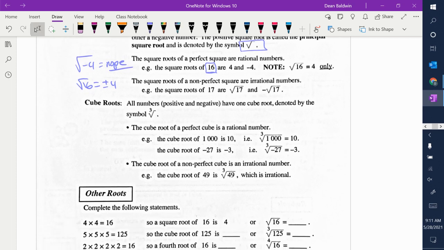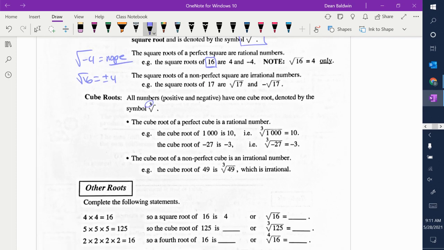Okay. Cube roots. That's when you've got this little 3 hanging out here. You can cube root a negative. So the cube root of -27 is -3, because -3 times -3 times -3. 3 times 3 times 3 is 27.